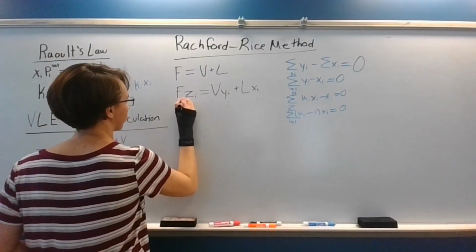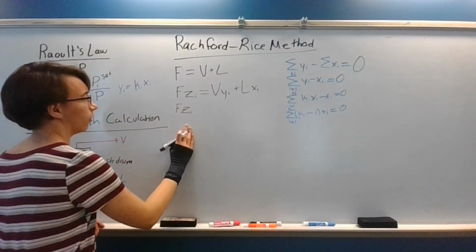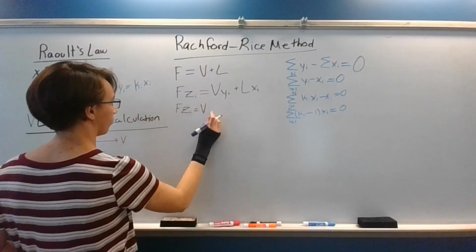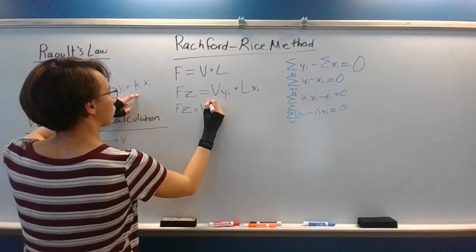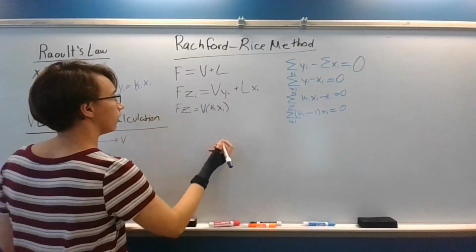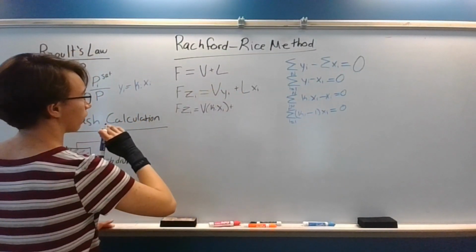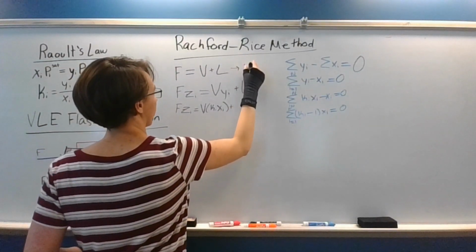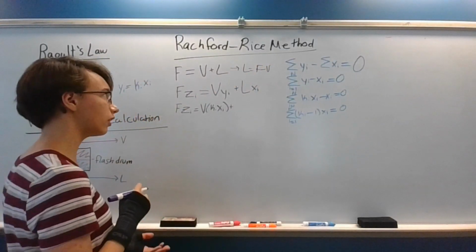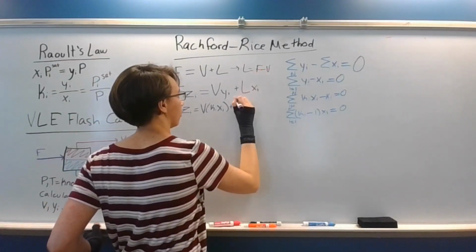So we have F times the mole fraction going in is equal to the moles of vapor times Ki times mole fraction i. And then we can replace this L using this equation if we solve. So we'll have L equals F minus V. So moles in the liquid are equal to the moles in the feed minus the moles in the vapor. We can plug that in down here.